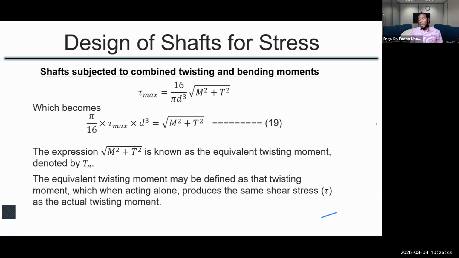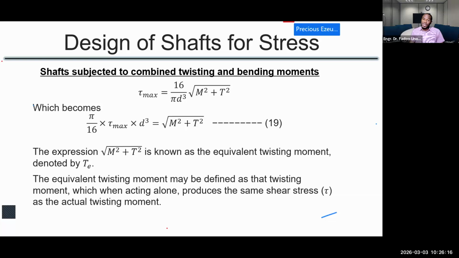But in this case, based on the maximum shear stress theory, or the Guest theory, the maximum shear stress developed in this material is going to be a combination of the maximum allowable normal stresses from bending and the maximum allowable shear stresses, combined.